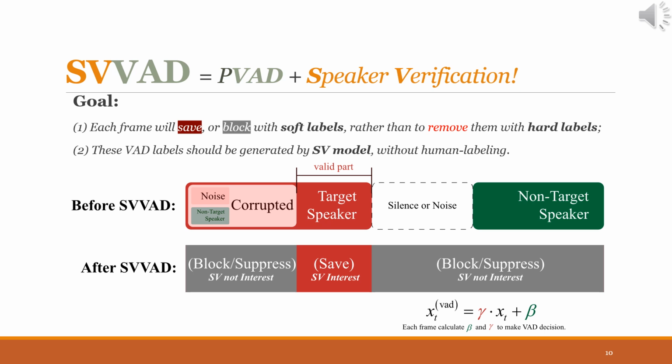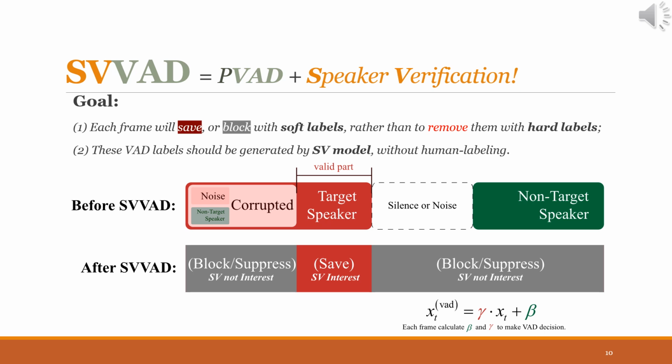For the first goal, the soft label can be achieved by this formula. For each frame t, the VAD model will calculate two values, gamma and beta, as our VAD decision. These two values will modify the original speech information, x of t, to the new speech information, x of VAD.